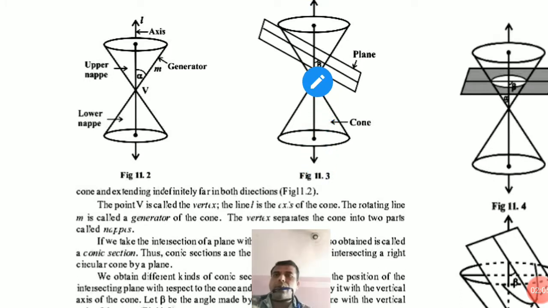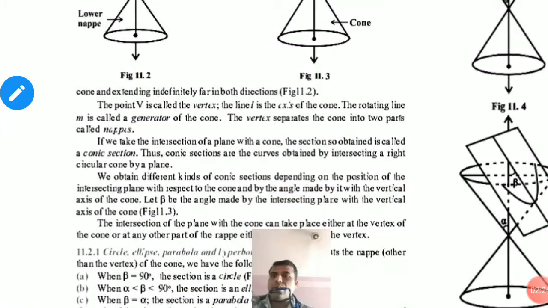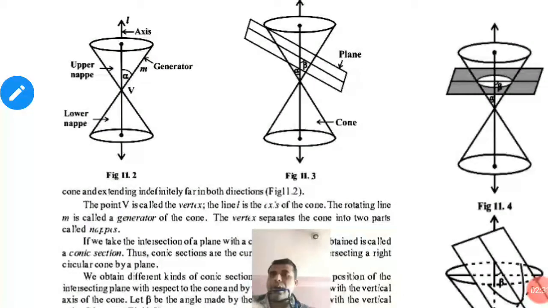When these two angles, alpha and beta, are related to each other, depending on the relation between them we can find the shapes: circle, ellipse, parabola and hyperbola. Now you will understand one by one how you will get these shapes. Okay, now these two angles are there, this alpha angle and this beta angle.